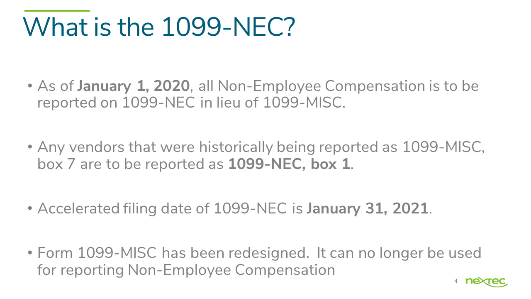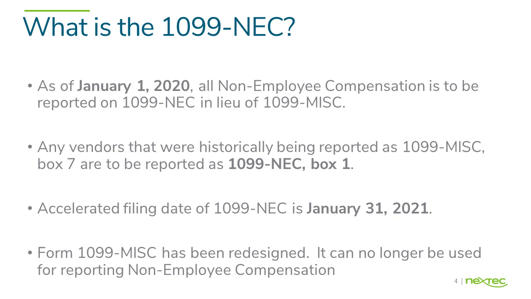Any vendors that were historically being reported as 1099 MISC, box 7, are now to be reported as 1099 NEC using box number 1. The accelerated filing date of the 1099 NEC is January 31st, 2021.